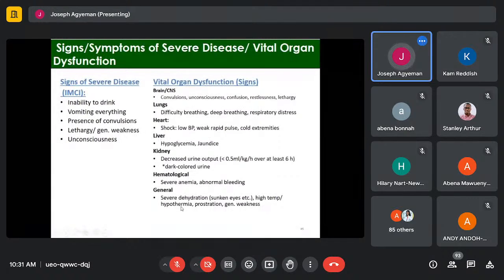That is when the systemic inflammatory attack becomes excessive and you are overwhelmed. So the body temperature could even drop to below 36, and that also shows that you are going. So severe malaria is no joke, and when it's diagnosed, prompt treatment is the way forward.